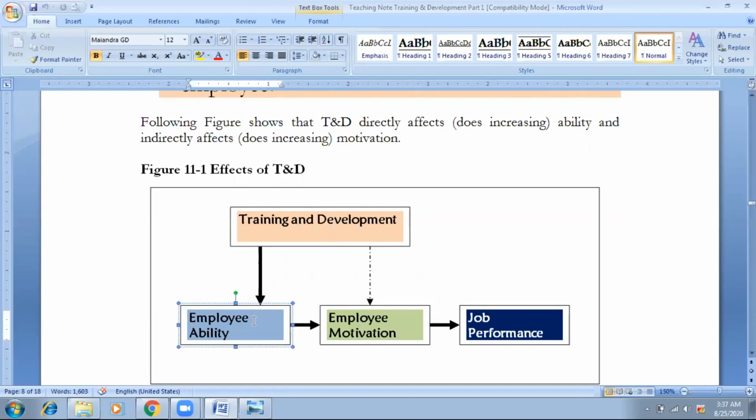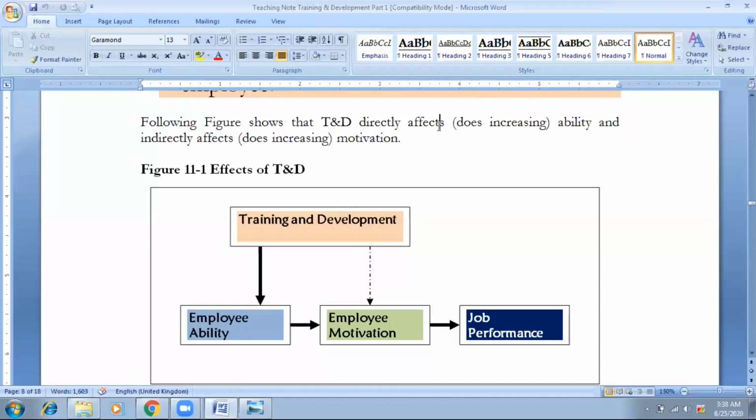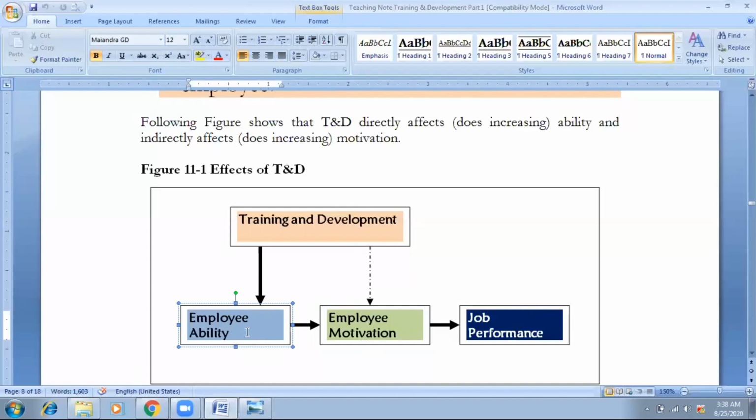Then increased ability and increased motivation will lead to increased job performance. Then you must be able to understand the importance of training and development. From training and development, we can increase job performance through increased employee ability and increased employee motivation.